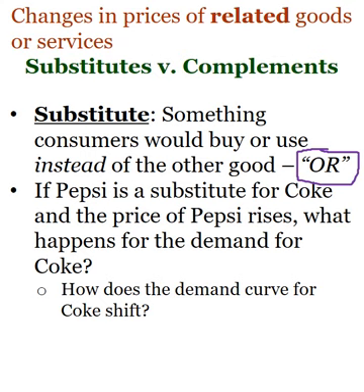Okay, so if Pepsi is a substitute for Coke and the price of Pepsi rises, what happens to demand for Coke? It goes up, right? Because consumers want to buy the cheaper one. If they're both viewed as equally good and the price of the substitute goes up, the demand for the other good will go up because it's now cheaper.